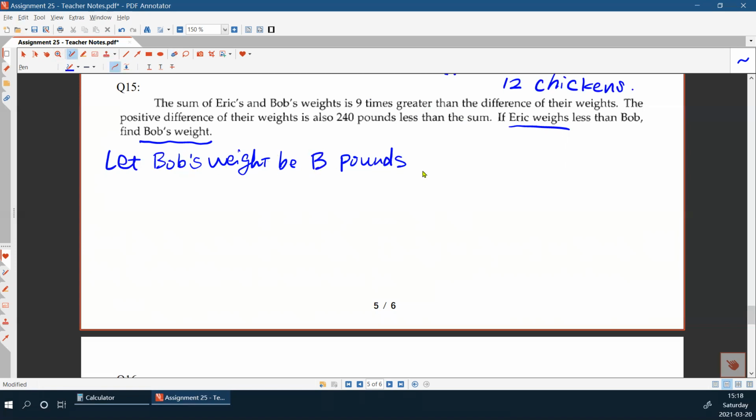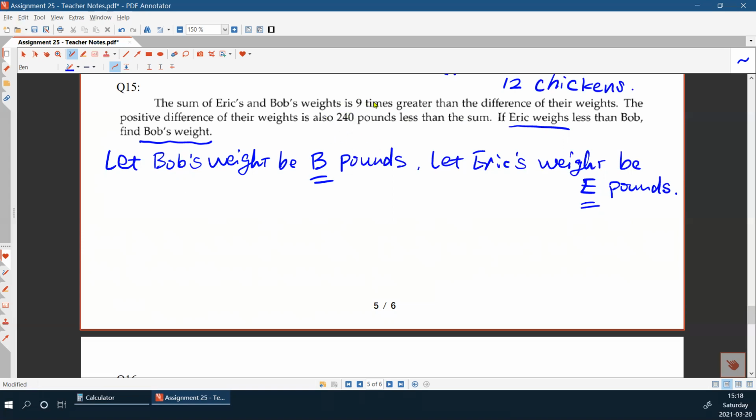Okay, and let Eric's weight be E pounds. Okay, so we have these two unknown quantities, right? In order to solve for the values, we need to know the connections between these two quantities.